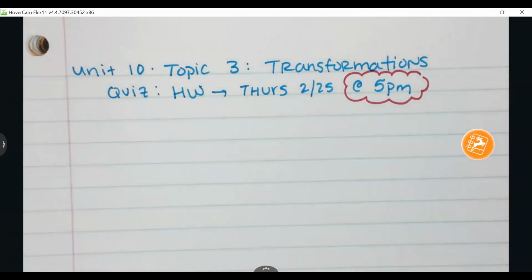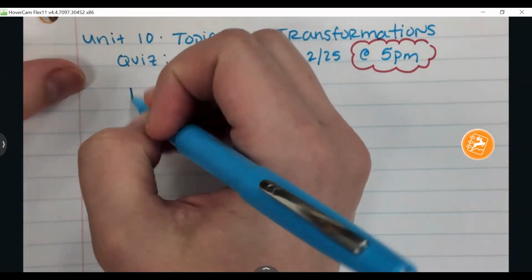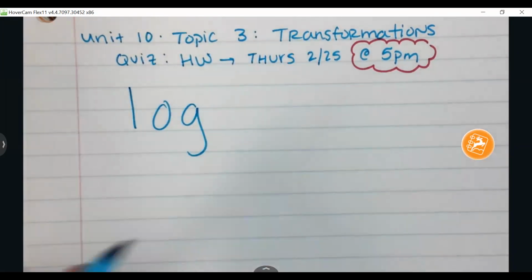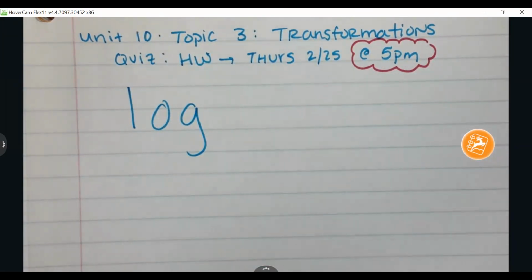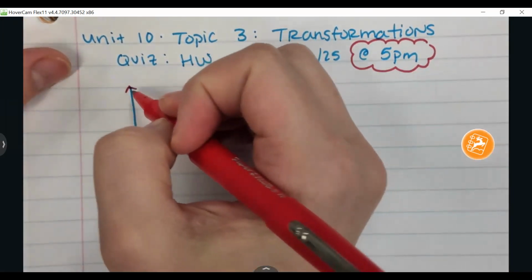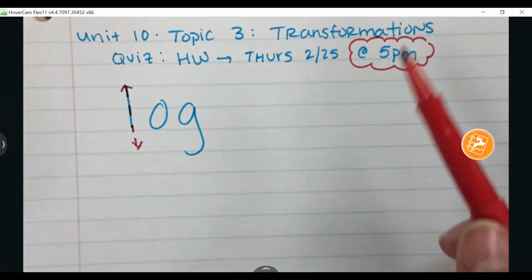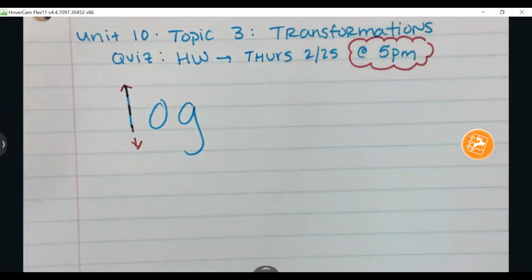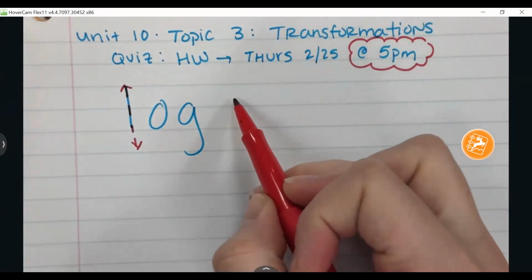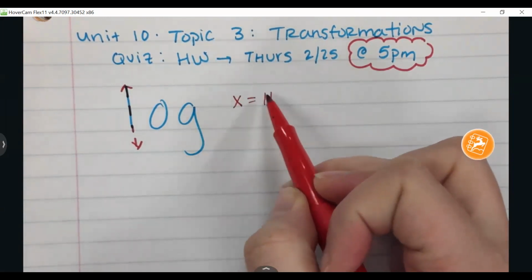All right, yesterday we talked about asymptotes, but we talked about exponentials. Today we're talking about a log. What direction does a log asymptote go? It goes up and down, it's vertical, okay? So if I have something that cuts up and down, it's cutting through the x-axis.